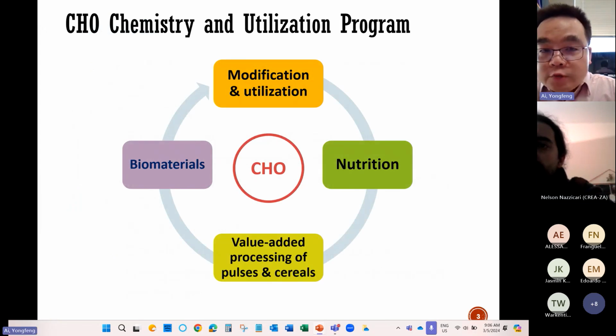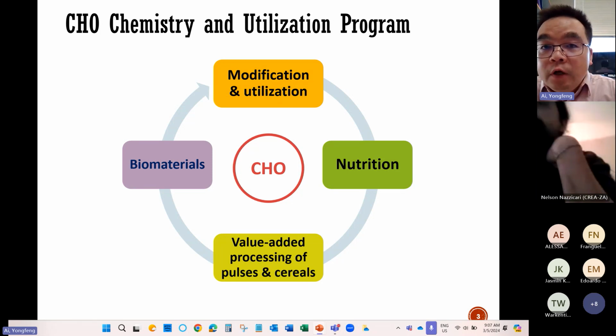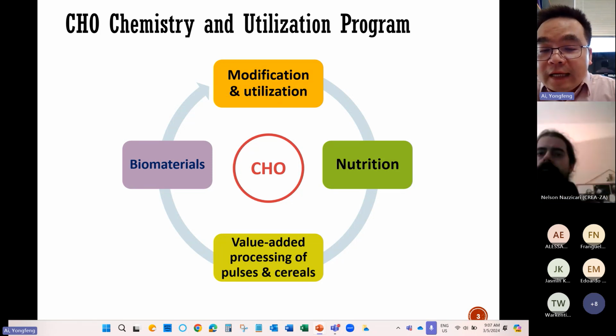For my research program at the University of Saskatchewan, we have four research themes. The first one is carbohydrate modification and utilization. For example, pulse starch chemistry and utilization fit into this theme. Also, we look at other crops that may have starch and other functional carbohydrates, for example oat starch and quinoa starch.